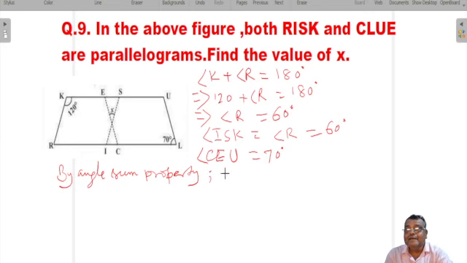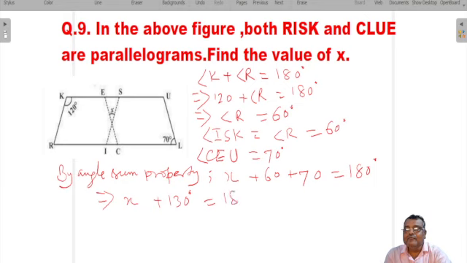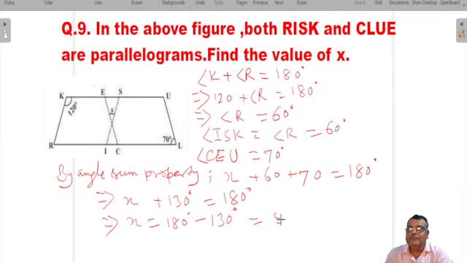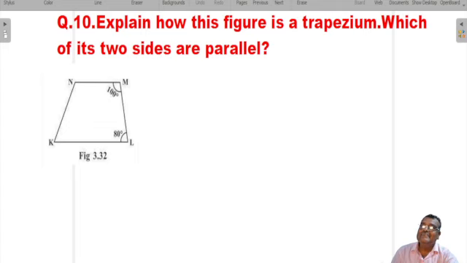X plus this one ISK 60 degree, and this one is 70, is equal to 180 degree. And so X plus 130 degree is equal to 180 degree. And so X is equal to 180 degree minus 130 degree, which is 50 degree. So I got X here in this case. Let us see the next question.